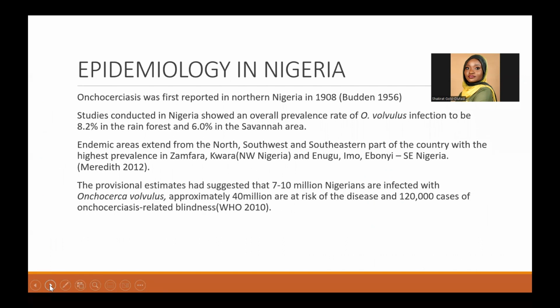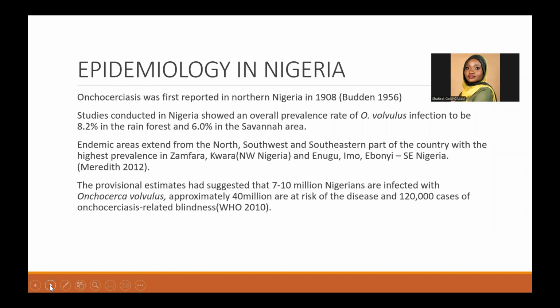So epidemiology in Nigeria: onchocerciasis was first reported in northern Nigeria in 1908, and studies conducted over the course of time have placed the overall prevalence at 8.2% in the rainforest area, that's usually the riverine areas, and 6.0% in the savanna area that's further up north.